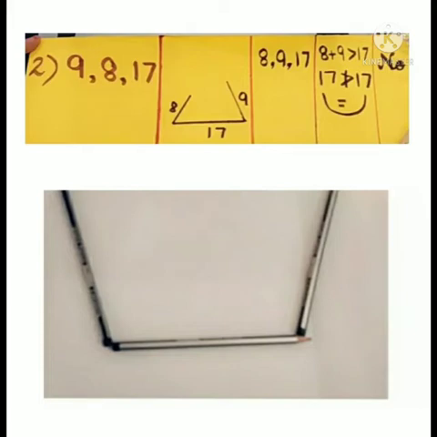And the inequality theorem is 8 plus 9 is equal to 17, and the third number is also 17. But that doesn't mean it can form a triangle. It can't form a triangle because the sum of the two sides is not greater than the third side. That's why. Now you understand why it is not making a triangle?